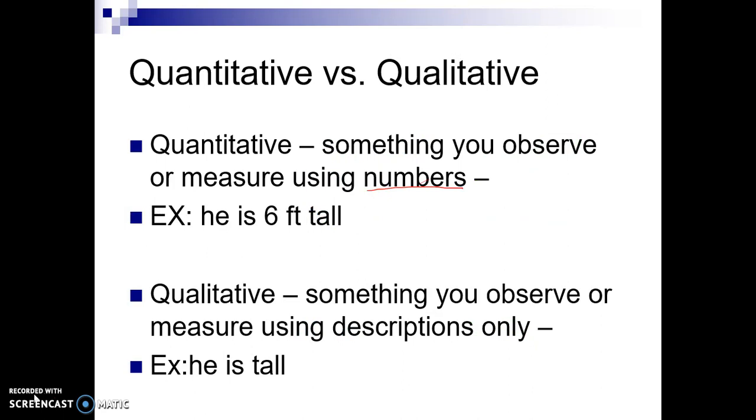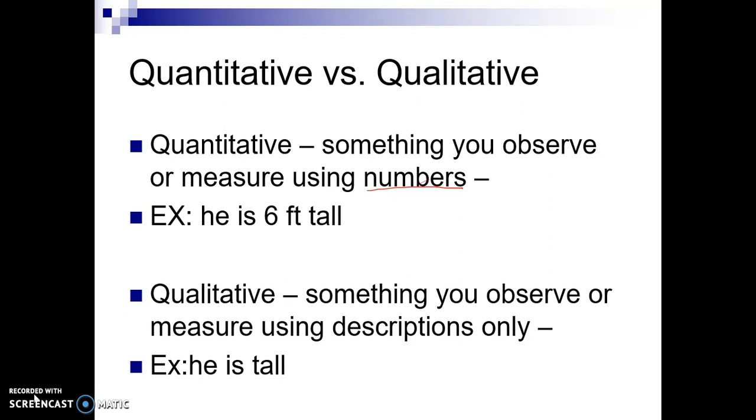When you're doing an experiment, you collect some data. The data can be of two types: quantitative data and qualitative data. So what is quantitative data? Quantitative data is something you observe or measure using numbers.